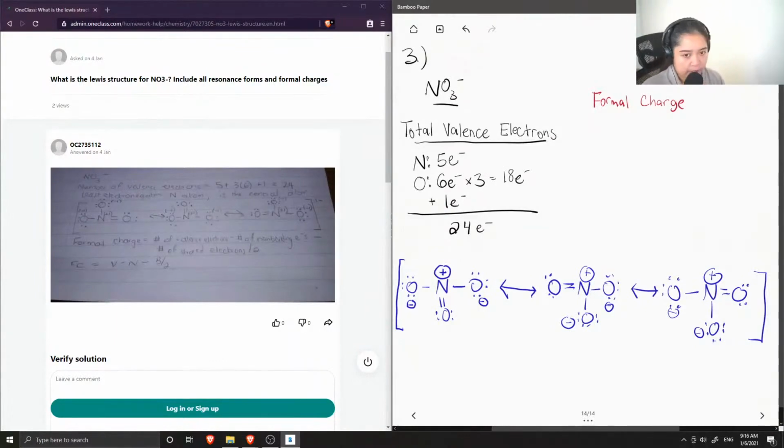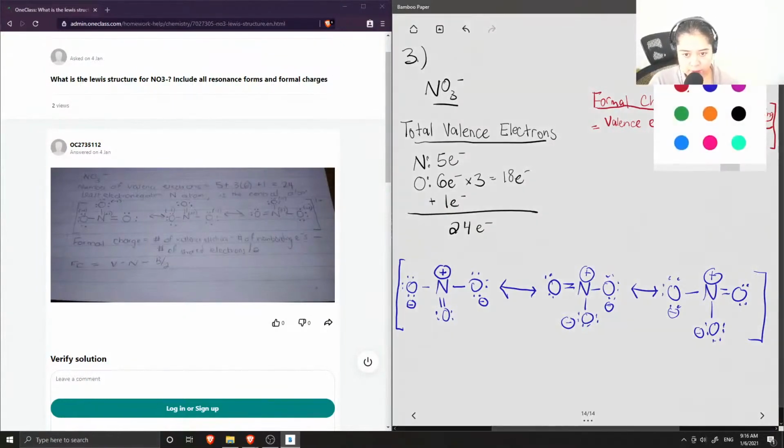The equation for formal charge is the number of valence electrons minus the number of non-bonding electrons minus the number of bonding electrons divided by 2. This is the equation for formal charge.